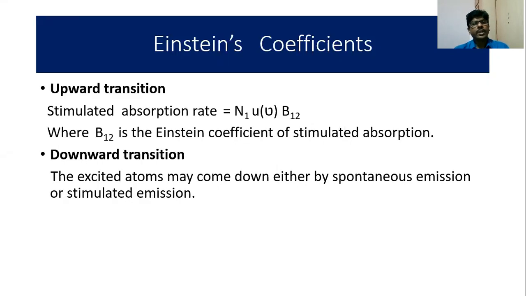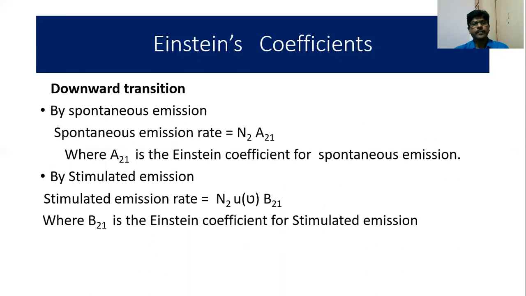What happens during upward transition? The stimulated absorption rate is given by N1 U nu B12, where B12 is the Einstein coefficient of stimulated absorption, and we have already seen N1 is the number of particles in the energy state E1. What about downward transitions? The excited atoms may come down either by spontaneous emission or by stimulated emission.